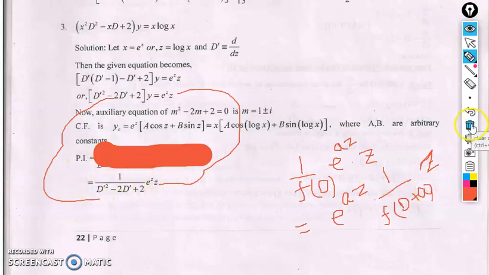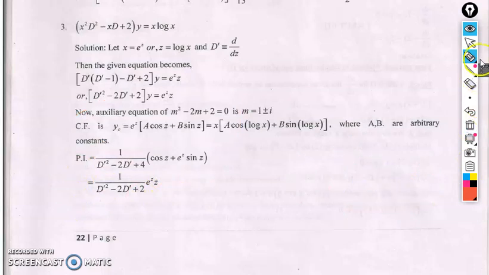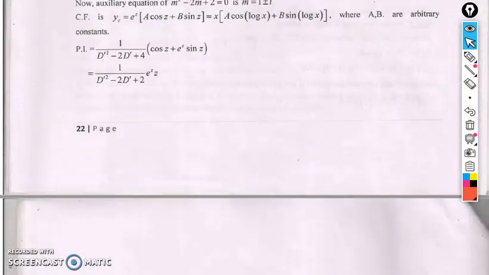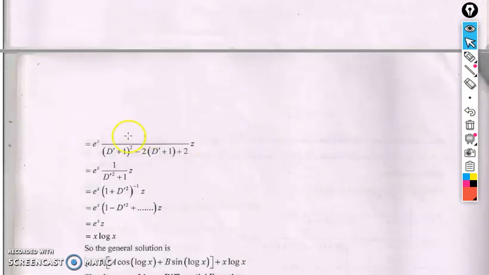So in the next step, as I've already said, e to the power z, 1 by d dash plus 1 whole squared minus 2 times d dash plus 1, plus 2, acting on z. After calculation, it becomes d dash squared plus 2d dash plus 1 minus 2d dash minus 2 plus 2, so it reduces to d dash squared plus 1.